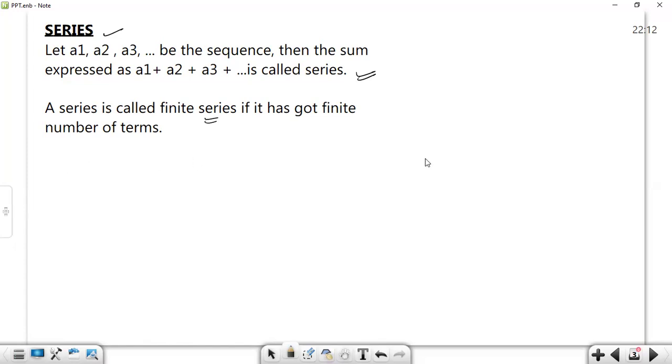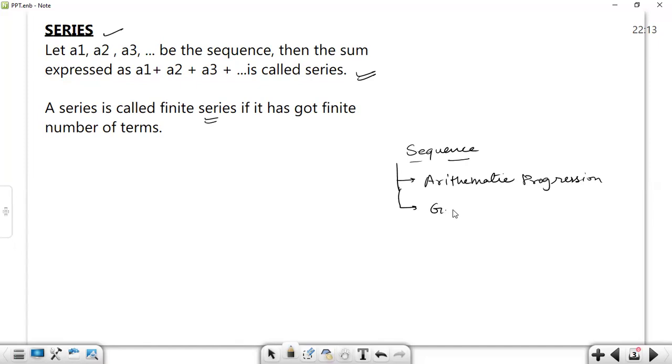Yes, sir. Now we are going to look at certain kinds of sequence. First will be arithmetic sequence, also known as arithmetic progression.